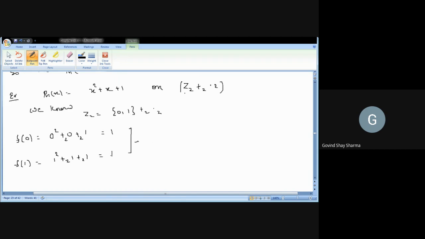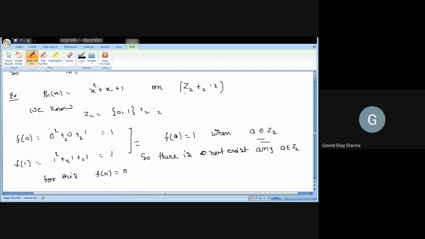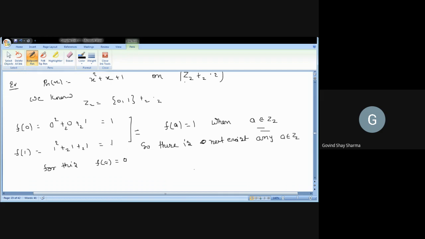So in both cases we get f equal to 1 when a belongs to Z2. So there does not exist any a for which f(a) is equal to 0.